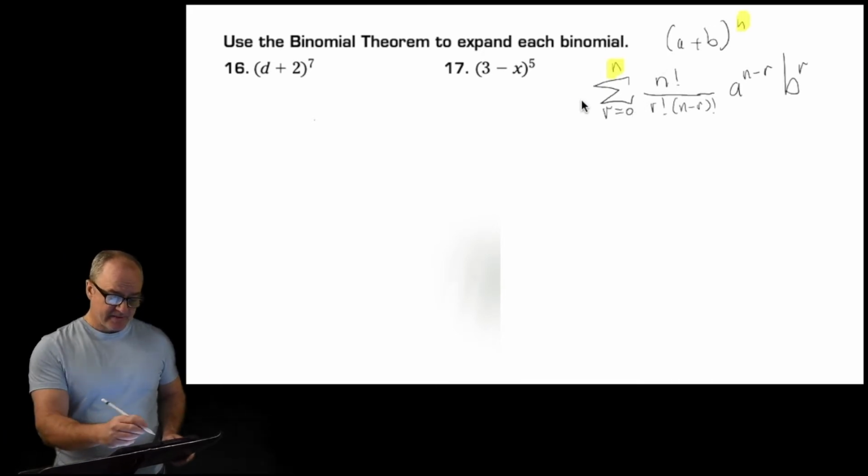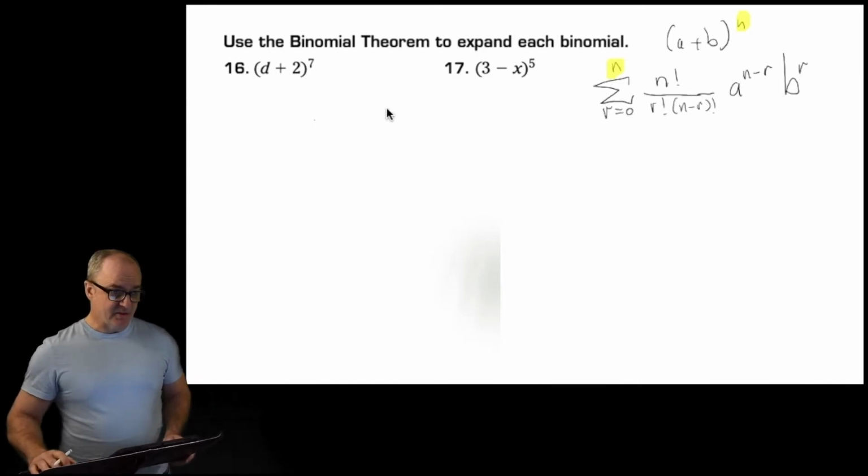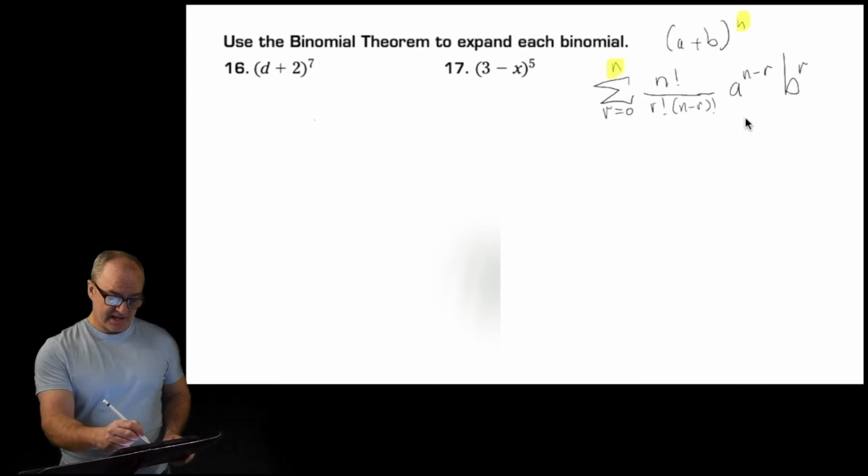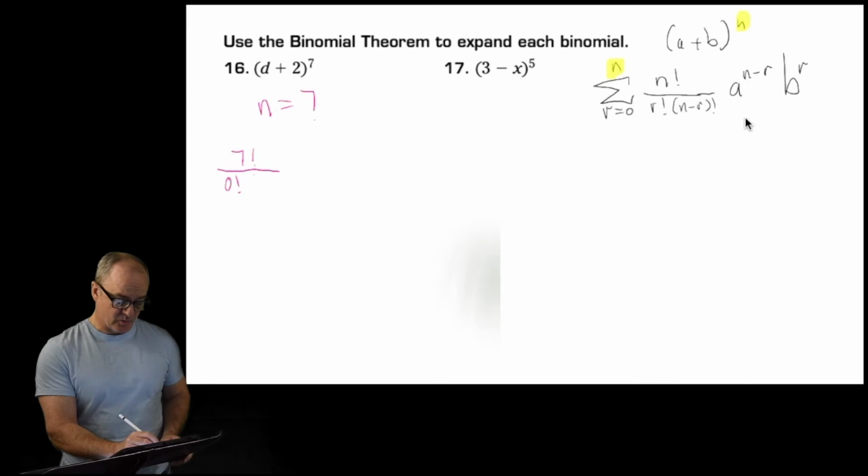Your counter, when you start counting at 0, is always 1 less than whatever term of the expanded polynomial you're talking about. So how does this apply to (d + 2) to the 7th power? All right, so for the first term, we're just going to plug in. We're going to work out this series here, okay? Plugging in 0 for r for the first term, and in this particular case, n is 7. So the first term is 7 factorial over 0 factorial, which is 1. Remember that bit of weirdness?